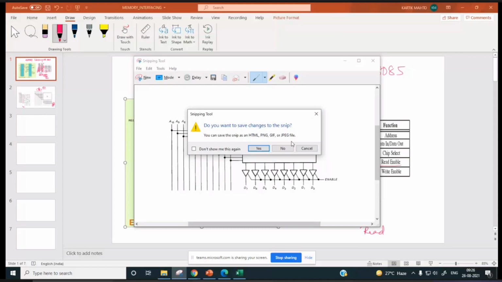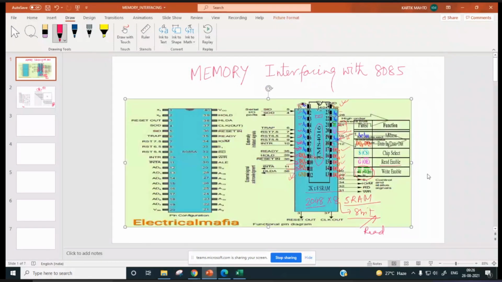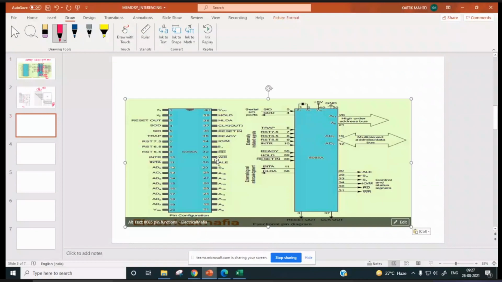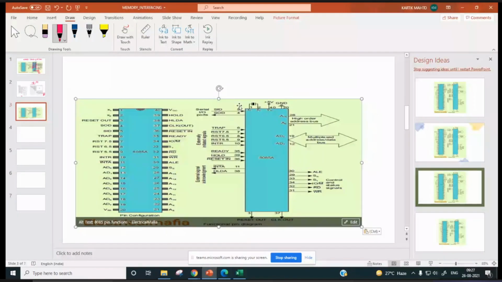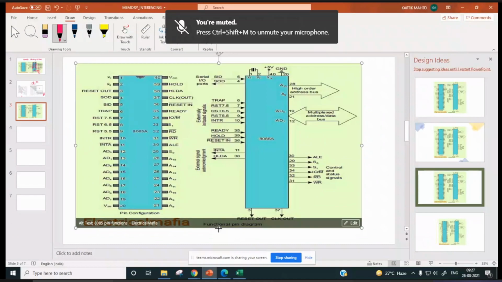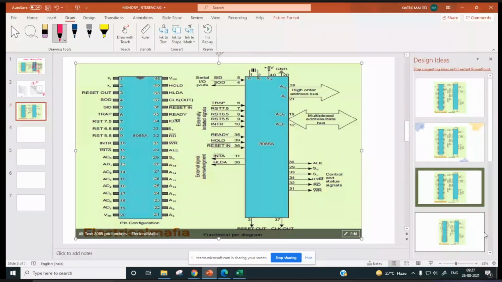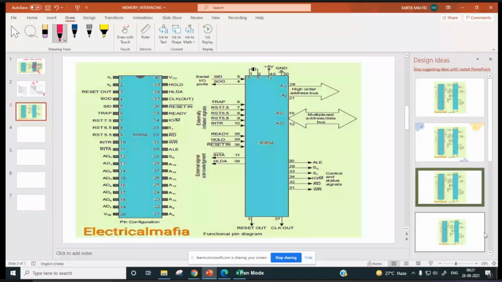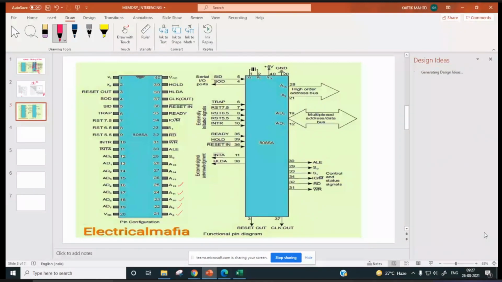In 8085, which are the address pins? In 8085, we have address pins. You can see A8, A9, A10, A11, 12, 13, 14, 15 are the address pins, right? But A0, A1, A2, A3 to A7 are actually demultiplexed here.